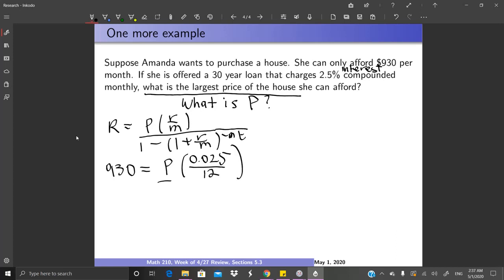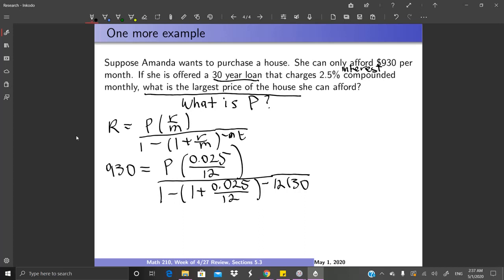Take that, divided by 1 minus, you get 1 plus, again, 0.025 divided by 12, and you want to raise that to the power of negative M, which is 12, times T, and hopefully you can see that that's 30. It's this 30-year loan right here, so that's the value of T. That's how long I'm going to be paying for this house, 30 years.